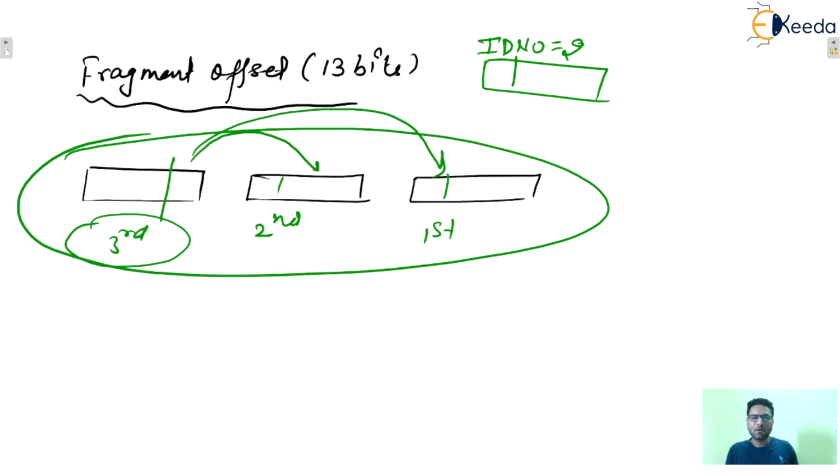All the fragments will also have headers, and in the header the ID number will be 2 for all of them. The ID number of all fragments is 2. That means all these 3 fragments belong to the same datagram. During fragmentation everything will be clear to you guys, so no need to worry about it. The second entire row corresponds to fragmentation, and we'll see it one by one. Okay guys, the remaining fields we'll see in the next lecture. I hope this one is clear to everyone. Okay, thank you so much.